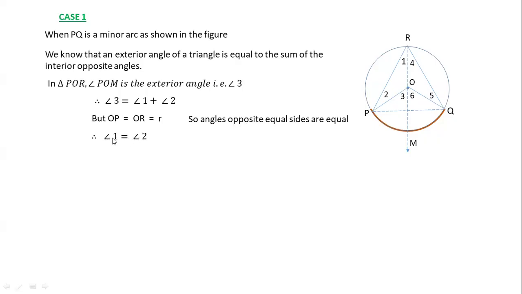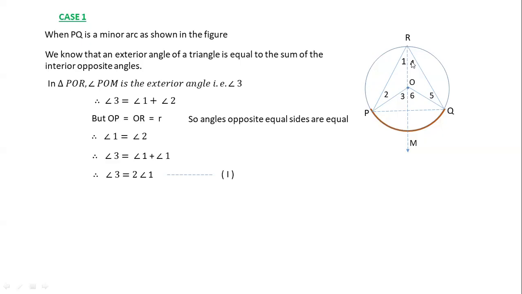That means angle 1 is equal to angle 2, so I can replace 2 with 1. So angle 3 is equal to angle 1 plus angle 1, which is 2 angle 1. So angle 3 is equal to 2 angle 1. Let us take this as the first condition.